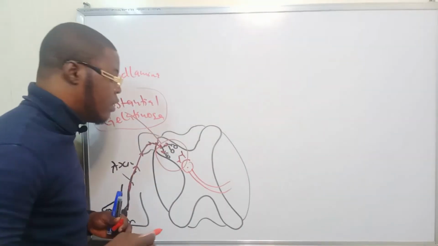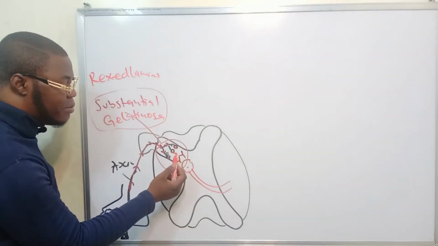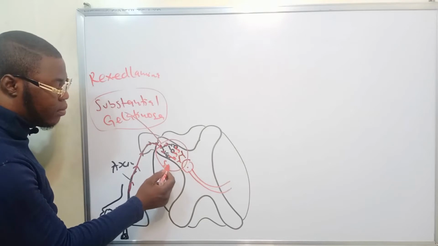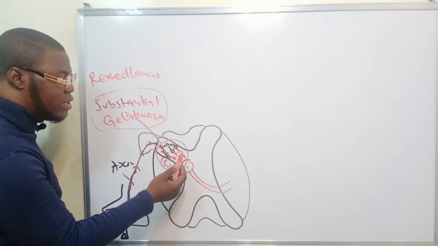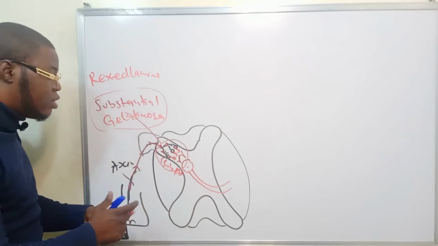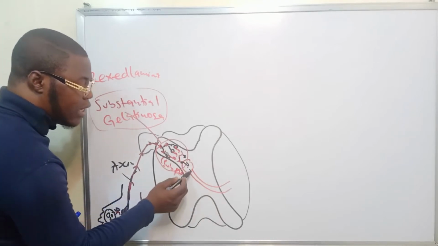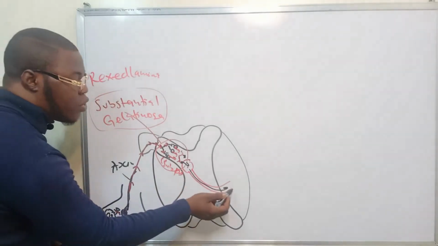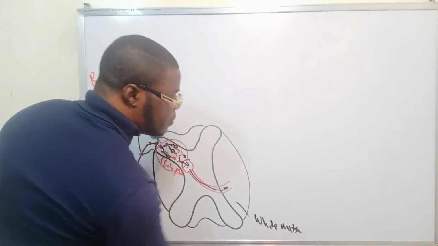Not really necessary. Now the point is that this guy is going to release a chemical called substance P. And the substance P will transmit the impulse onto the receptive dendrite of this neuron, and from there to the receptive dendrite of this neuron, then into the cell body, and from the cell body into the axon. But this axon will cross into the white matter of the spinal cord.